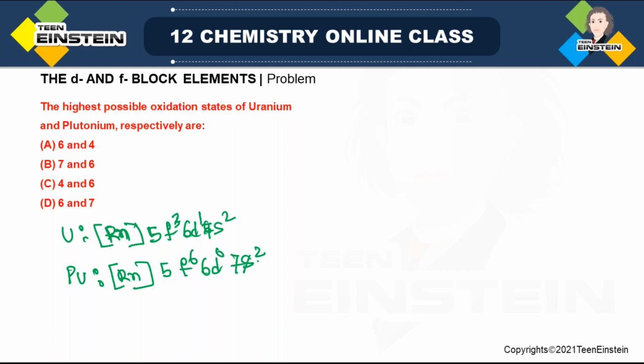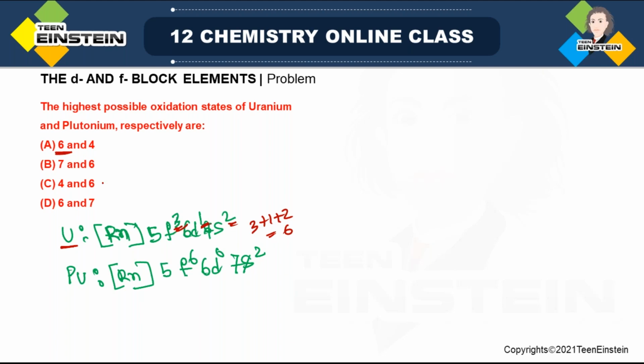Now remember, in the slide on oxidation state we mentioned that up to uranium, the highest possible oxidation state is that which involves all the valence electrons. Okay, that means up to uranium, here 3, 1, 2. So if you remove all the electrons, 3 plus 1 plus 2, basically you are removing 6 electrons. So the maximum oxidation state involves all the valence electrons. So 6 will be the correct answer.